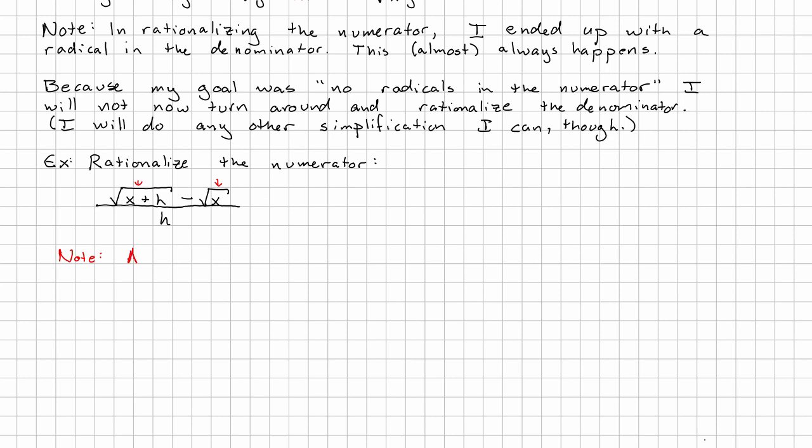So we have something in the form a minus b, and we want to get a squared minus b squared. And therefore we're going to multiply by a plus b.